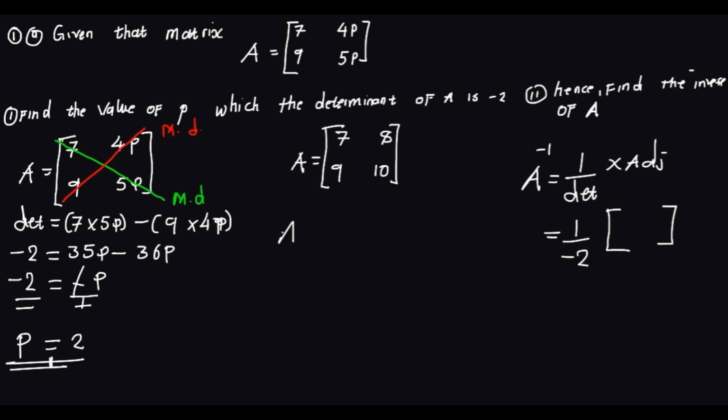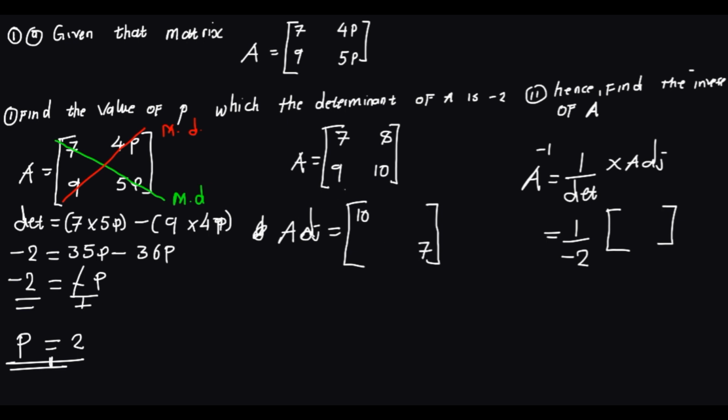So for the adjoint of matrix A, we need to swap the elements of the major diagonal. We need to interchange the positions. So our 10 will move to this point. Then our 7 will go at this point.